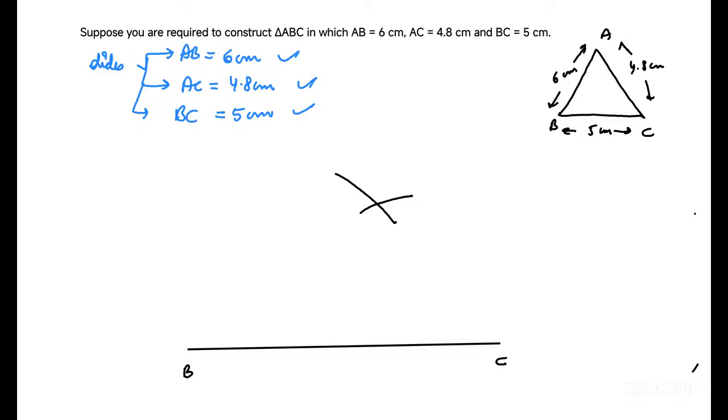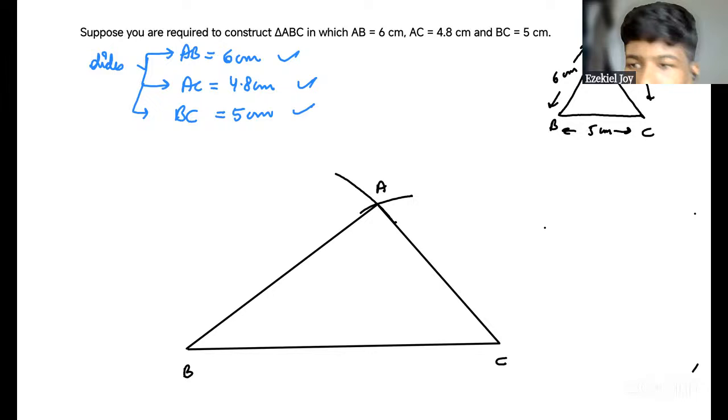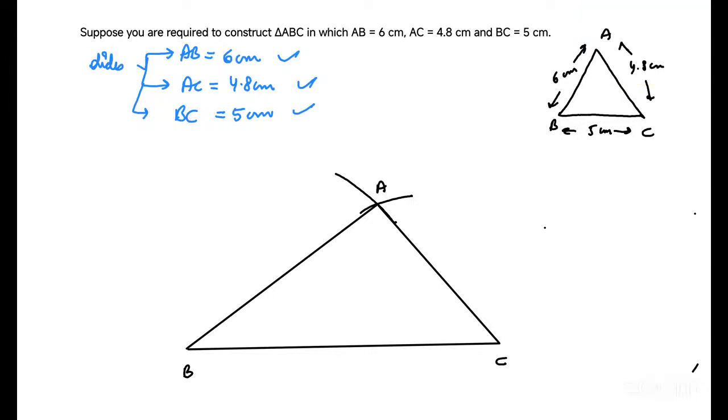And then you got this cut, name it as A. And then with the help of the ruler, join AB and join AC. At the point where they meet, name it as A.